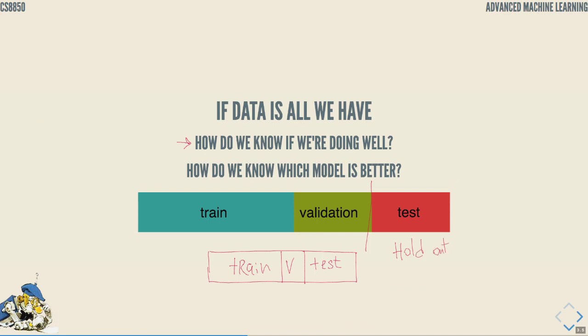The model, or you as the experimenter, never see the holdout part. You only see the train and validation sets. So you optimize your hyperparameters on the validation set, and you train your model on the train set. Okay. Let's see if we have the split, what we can do with it.